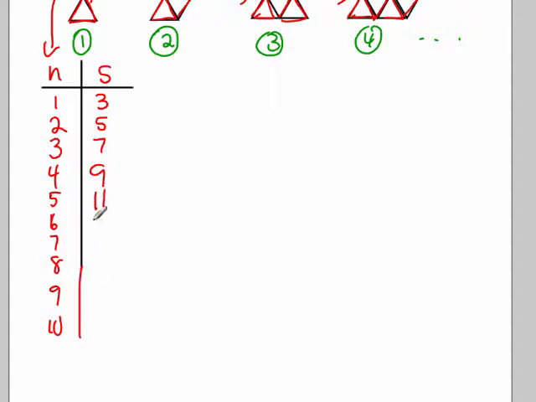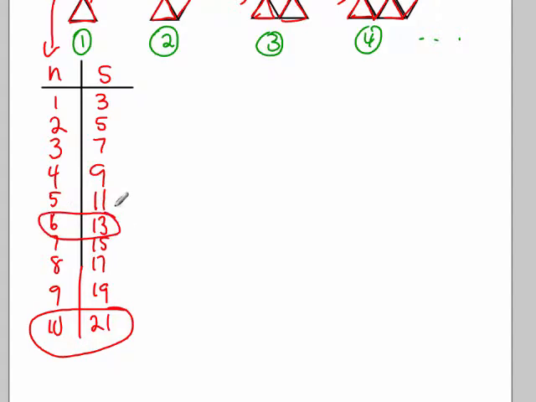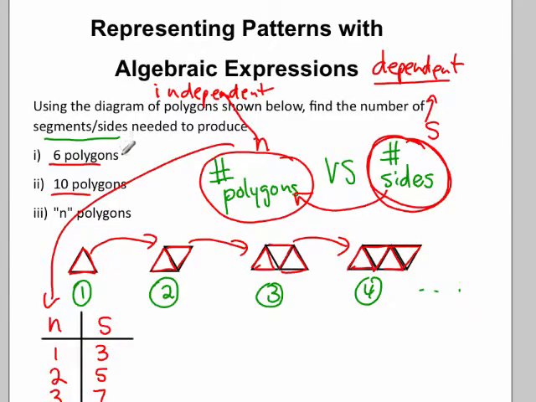Sides going up by 2. And so we have 21 sides in 10 polygons, 13 sides in 6 polygons. So that answers these questions here.